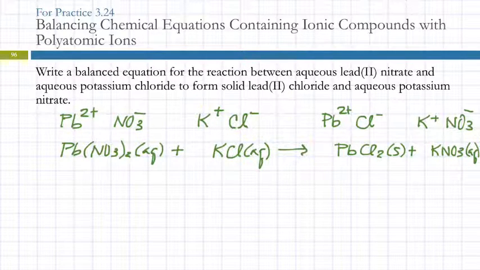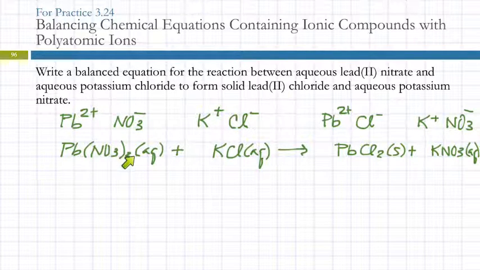Many times when polyatomic ions are involved, many but not all, the polyatomic ion stays together. So I have nitrate ions in the reactants, and I have nitrate ions in the products. The nitrate ion did not come apart. It's still NO3. So I can balance that as a unit. That can save a little bit of time and mental energy.